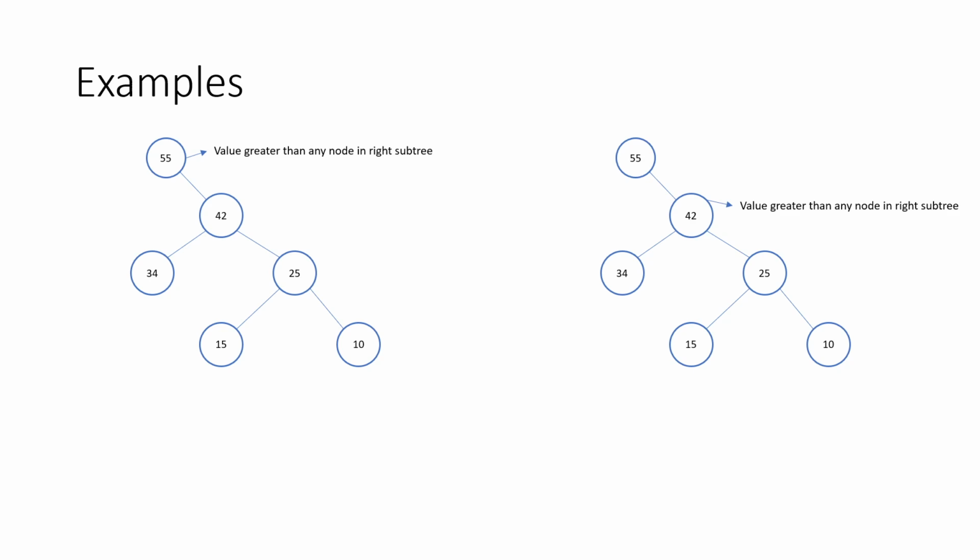So coming to the right side, the node with value 42, in this node the value is greater than any node in the right subtree, and we do not need to take into account the value of the left subtree. And in accordance with the third rule, nodes with two or fewer children are in the last two levels of the heap.